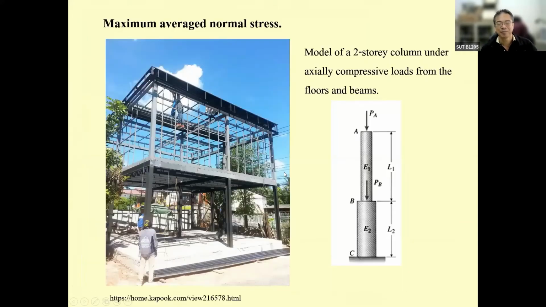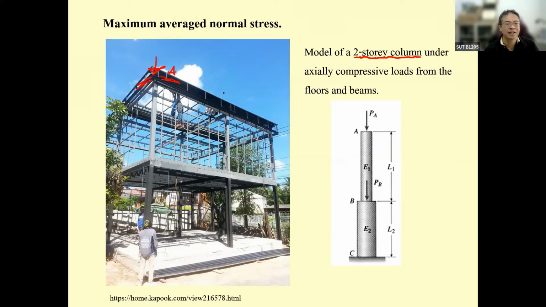Okay, and then there is a column. Let's say this is a two-story column. This column is connected by the beam over here. The beam will develop a force over here.